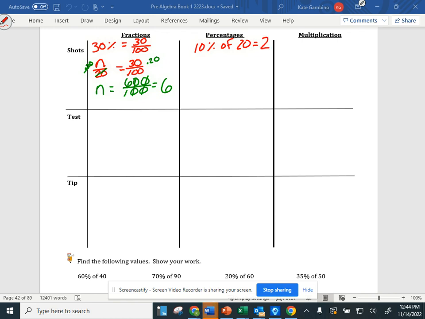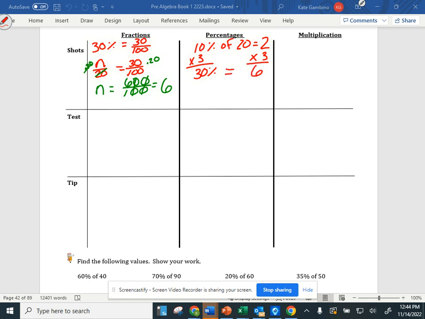Because that's 0.1 times 20 would give us 2. So then we can say, well, she made 30%. So we're going to multiply this by 3 to get us to 30%. What do you think we're going to do to the 2? Multiply it by what? 3.